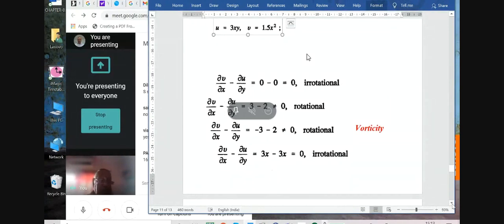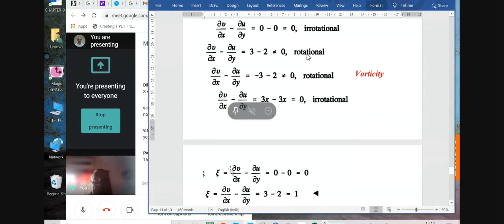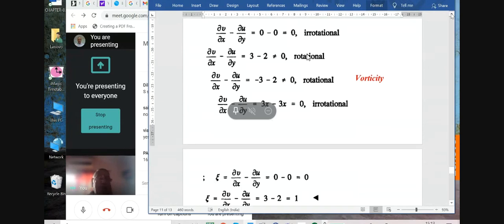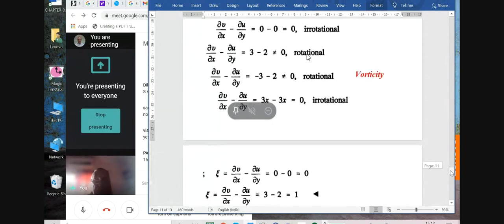So the expression for vorticity is dou v by dou x minus dou u by dou y.